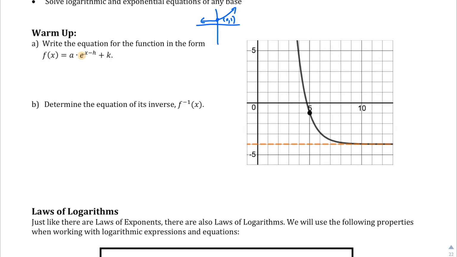Okay, and so first of all we can see from the shape of the graph that in this particular case we've now got a decreasing function, and so that suggests that what we're dealing with is an e to the minus x graph. We've changed the sign of the x, which has caused a reflection over the y-axis, or the vertical axis.